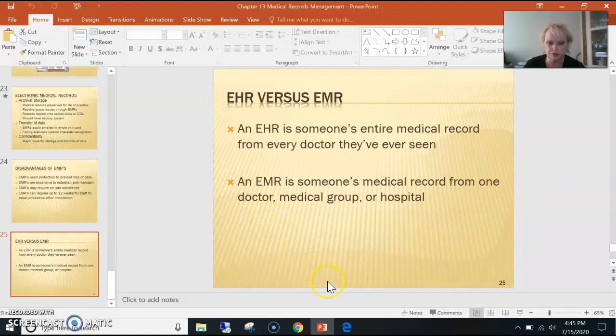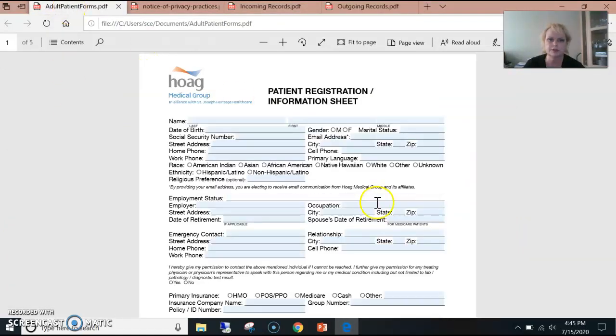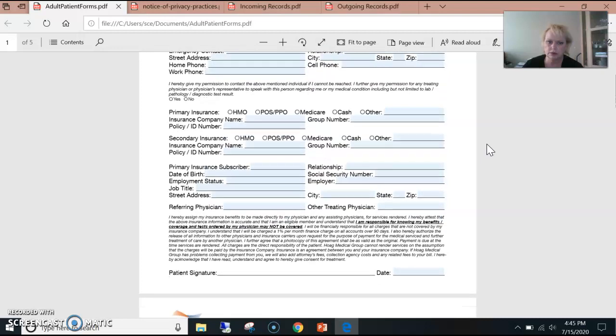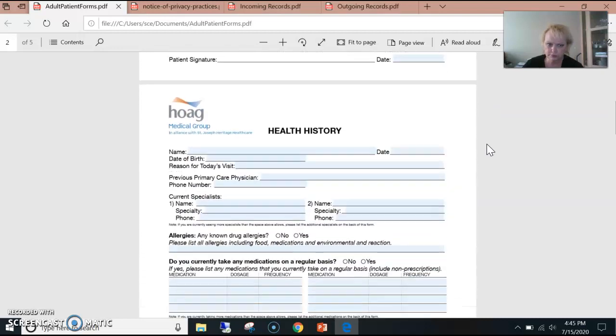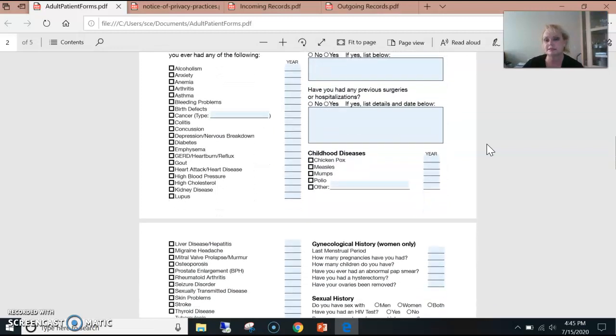I just wanted to show you my Hoag forms at work. So here are the adult patient forms. And I just wanted to show you the notice of privacy, or the receipt of notice of privacy practices.